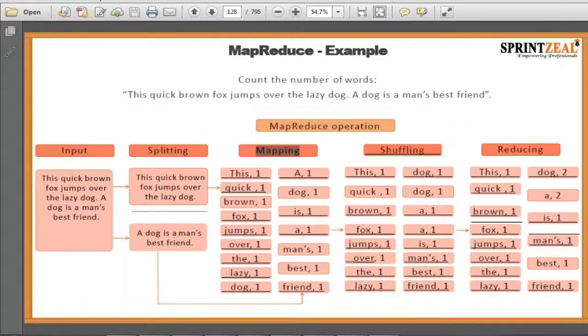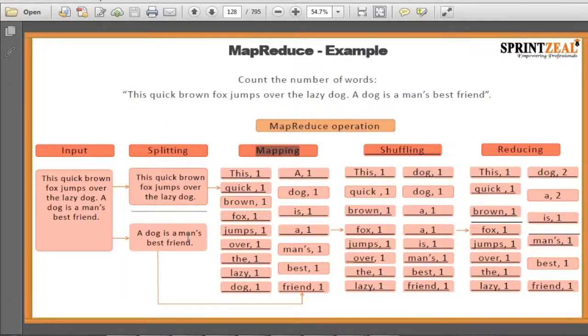I have one more question: how many mappers will be there? Very good, this is a very good question. On what basis will the number of mappers be decided? Can anybody tell me how many mappers will be there if I have two blocks? 2.